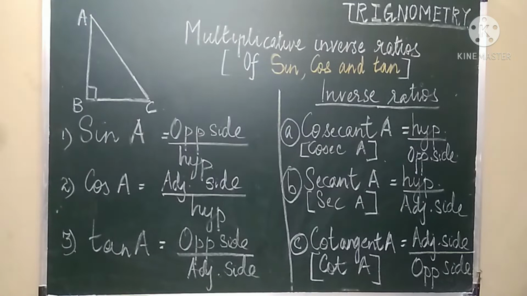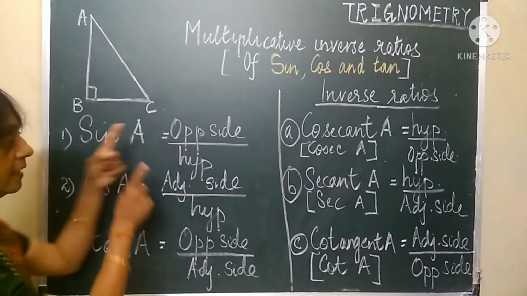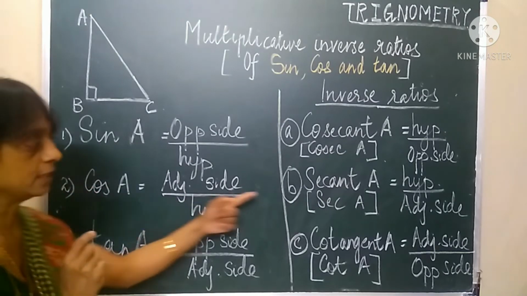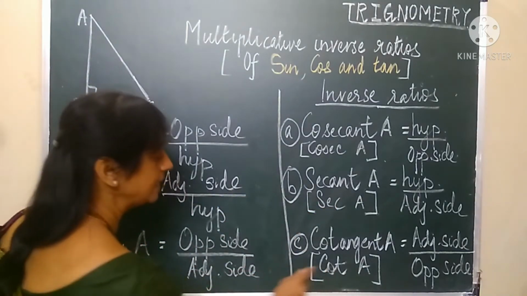So what have we seen over here, children? For the three basic trigonometrical functions, sine, cos and tan, their multiplicative inverses are: the inverse ratio for sine is called cosec, inverse ratio of cos is called sec, and inverse ratio of tan is called cot.